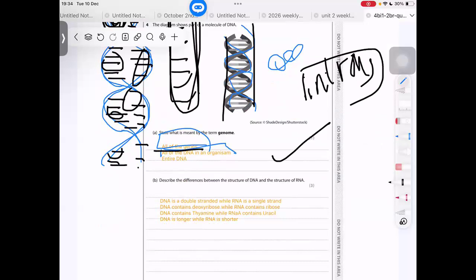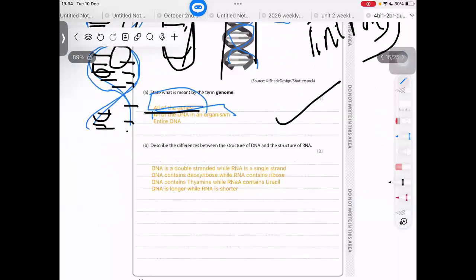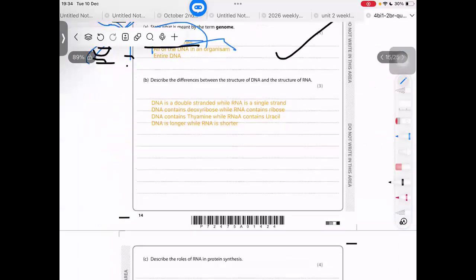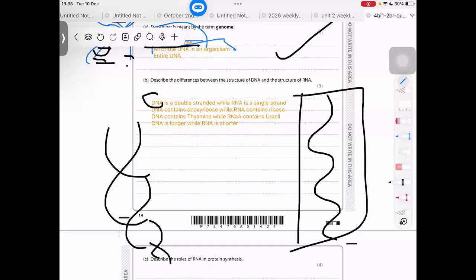Then they have asked to describe the differences between the structure of the DNA and the structure of the RNA. DNA is always a double-stranded molecule. Sometimes RNA could be double-stranded, but because you are only learning it as a single strand unit, it's better to say that RNA is a single strand.